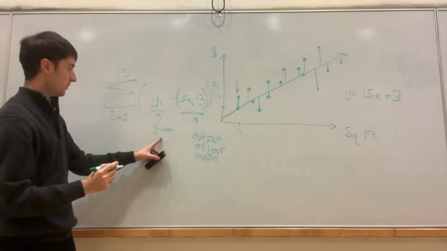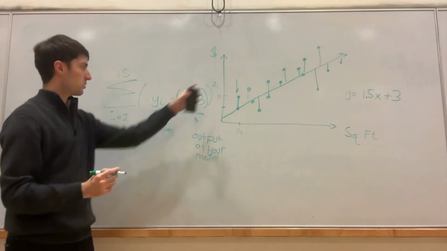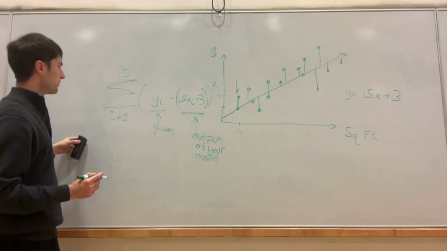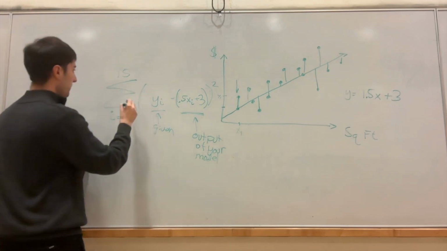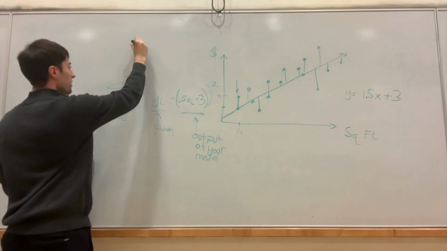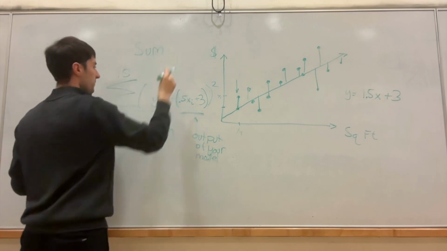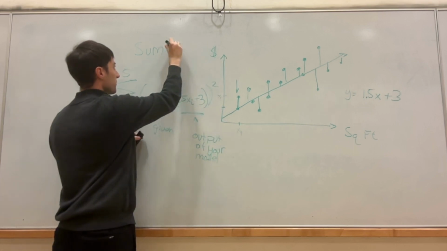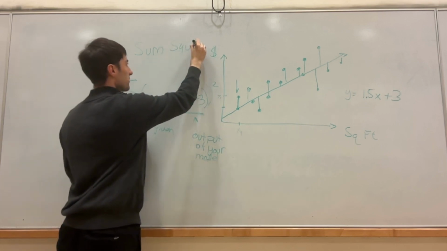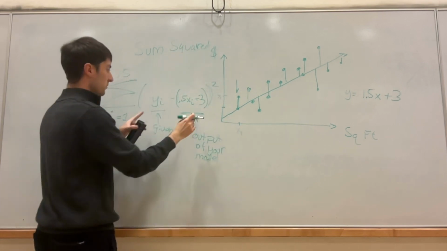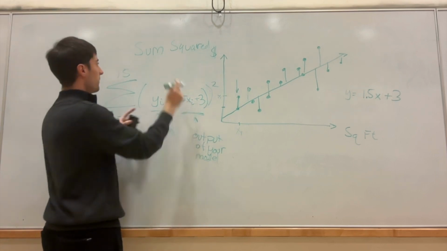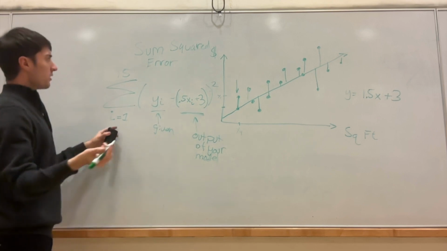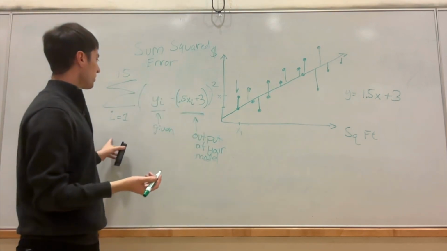It's a given input. You know how to square, and this is just a for loop. Okay, and this is going to be the sum of squared error. There it is. This is our equation, right?